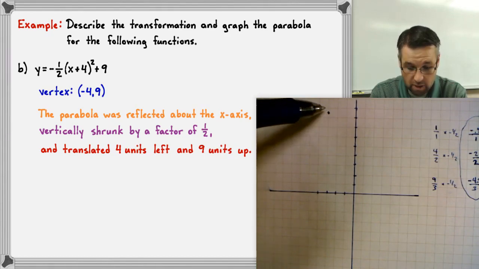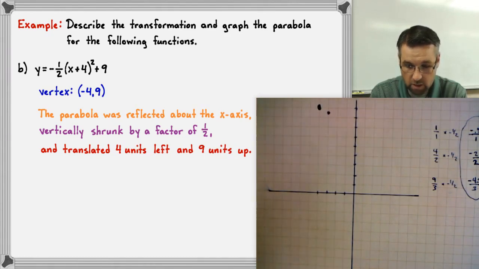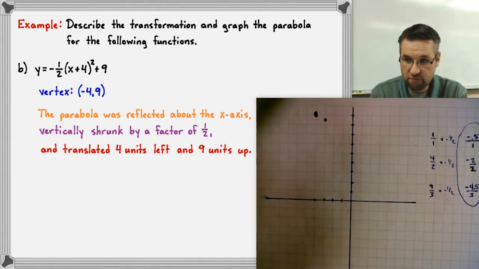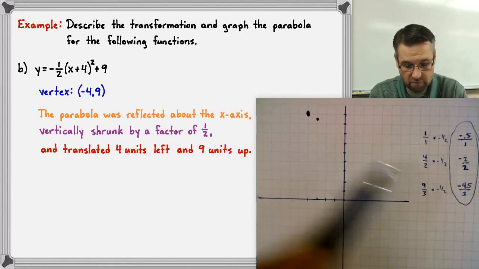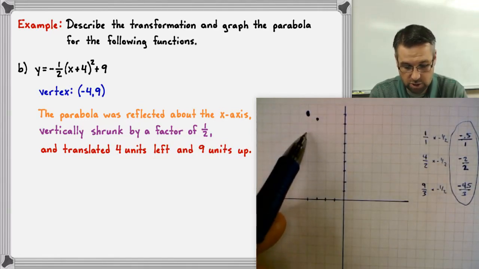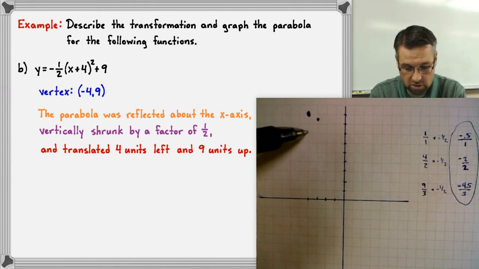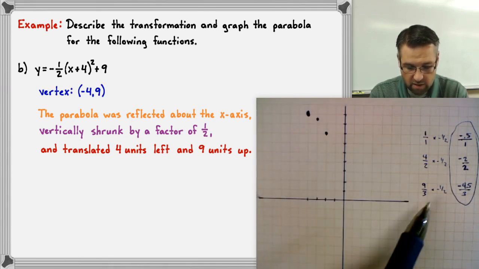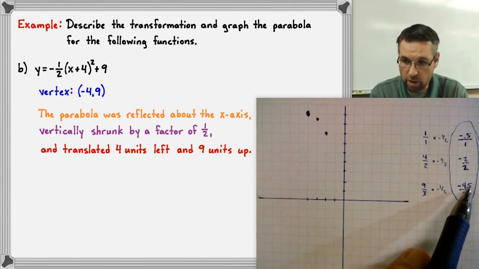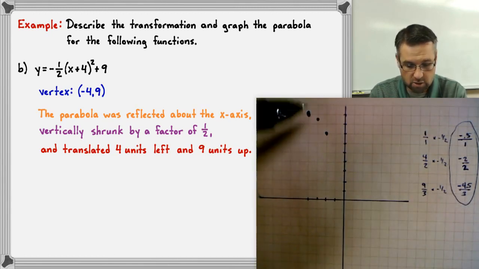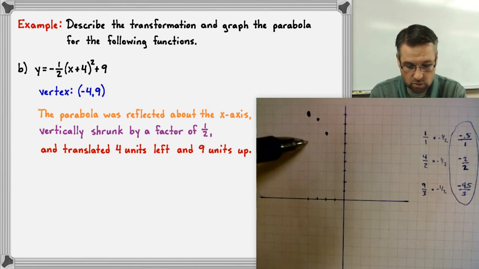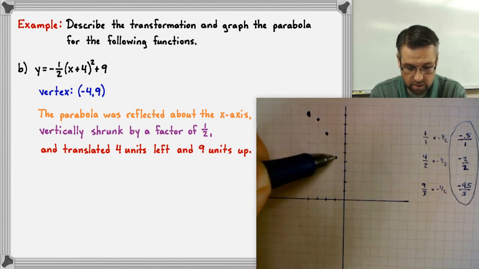So you can see my point is right in the middle of those two grid lines. Then from the vertex, we're going to go down 2 and over 2. So down 1, 2, and over 2. So there's the point there. And then from the vertex, we're going to go down 4.5 and over 3. So from the vertex down 1, 2, 3, 4.5, over 3.